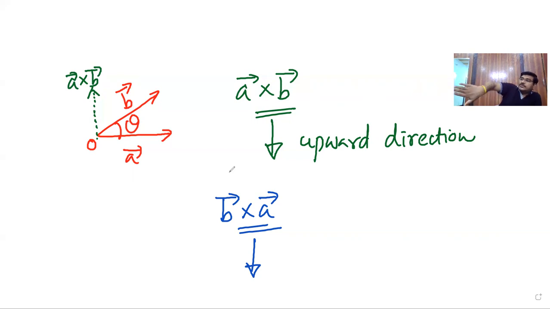The fingers should point towards B bar and you curl them towards A bar, such that your thumb is pointing down. That means the direction of B bar cross A bar is in the downward direction.